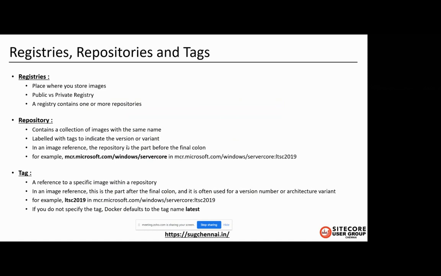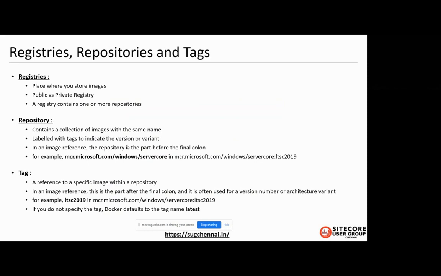In the registry, we will create repositories. A registry can have any number of repositories. A repository contains a collection of images with the same name, labeled with tags to indicate the version.